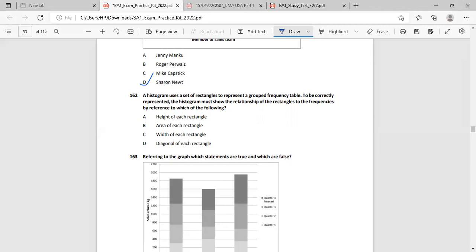The histogram uses a set of rectangles to represent a group frequency table. Is it not just the height of each rectangle? We only measure the height. Are there any other parameters? So histogram.